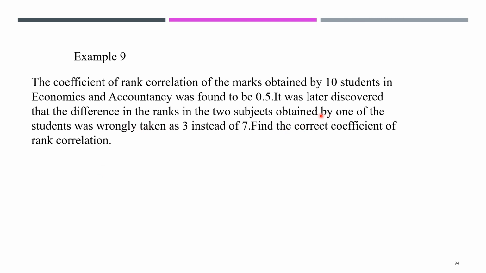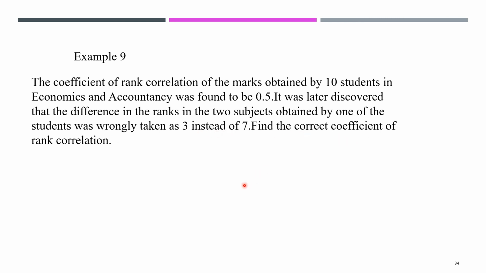Okay, so what was given? Coefficient of rank correlation obtained by 10 students, so n is equal to 10. Coefficient of rank correlation means capital R is equal to 0.5. It was later discovered that the difference in the rank, that is D, was taken wrong as 3 instead of 7.